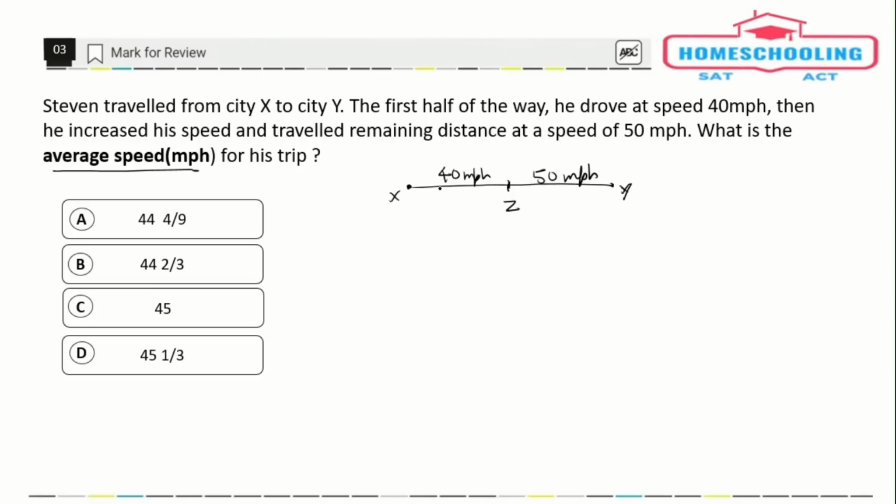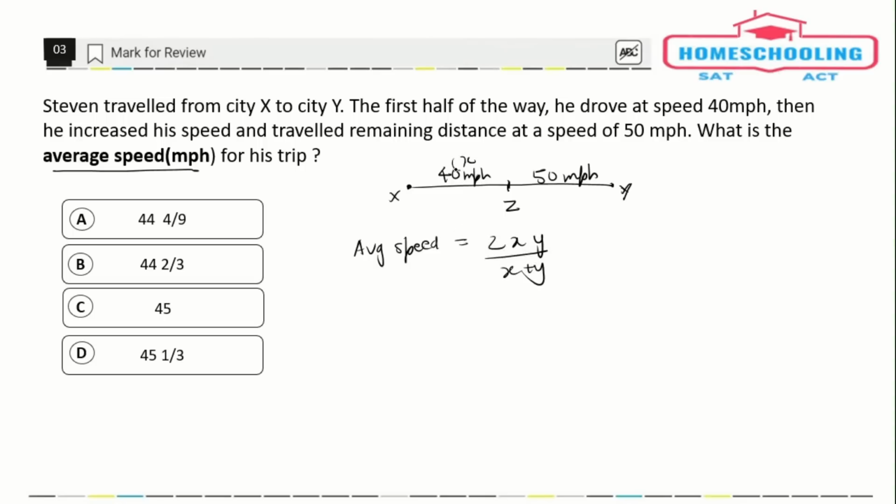As we have read in the basics, when a person is traveling half of the distance at a particular speed and the later half at another speed, the formula would be what? Average speed formula. We have read that in the basics, that is 2xy divided by x plus y.